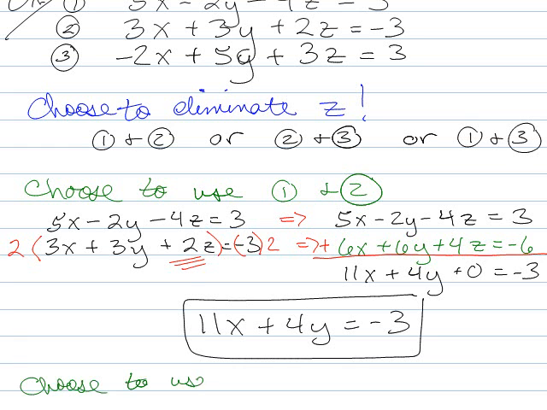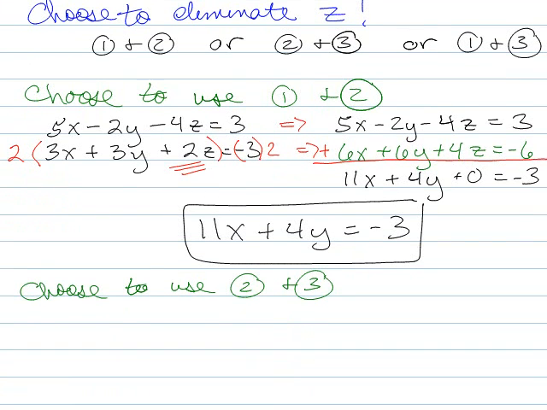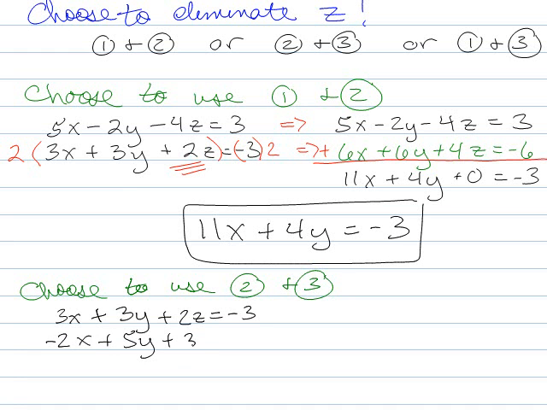I have 3x plus 3y plus 2z equals negative 3, and minus 2x plus 5y plus 3z equals 3.